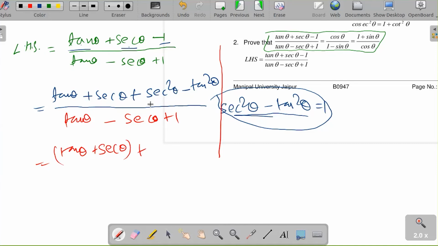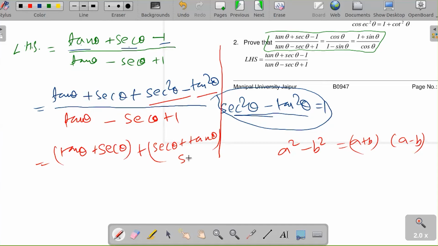But in algebra we have already studied a formula for a square minus b square, and that is a plus b, a minus b. So we can use that here: sec theta plus tan theta and sec theta minus tan theta, whole divided by tan theta minus sec theta plus 1. Okay.